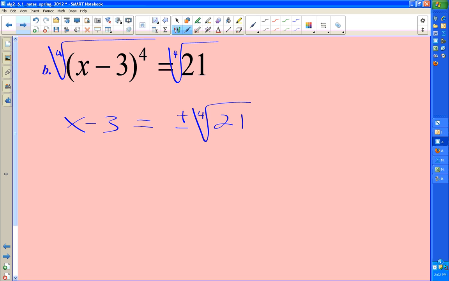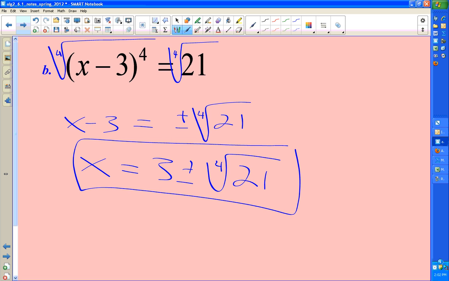Write it as a radical. Your fourth rooting, write it as a fourth root. Now what? Add 3. So you get 3 plus or minus the fourth root of 21. And those are double roots.